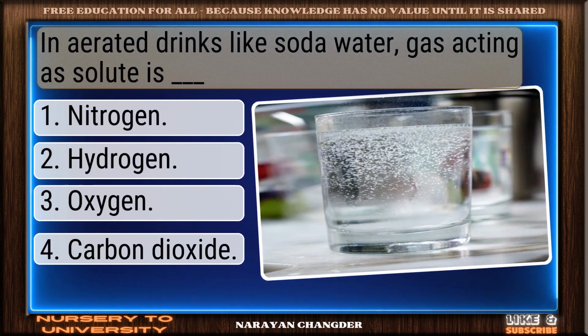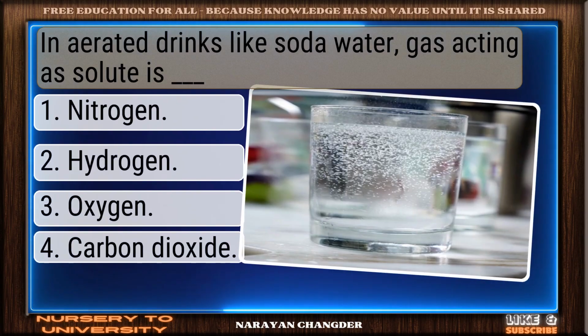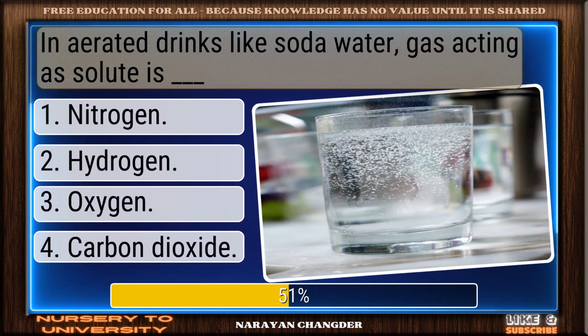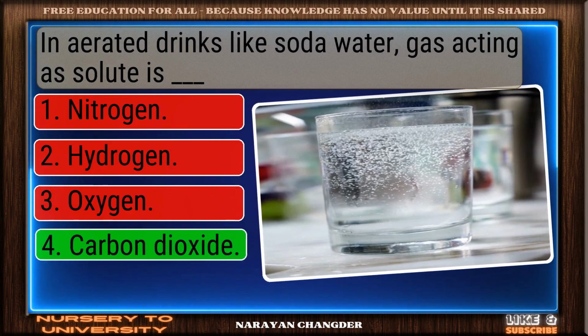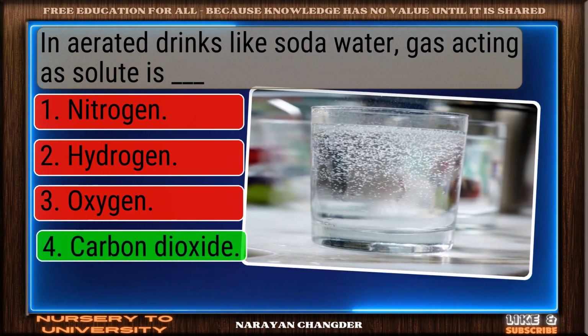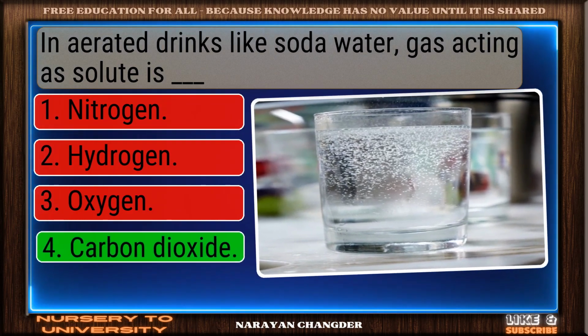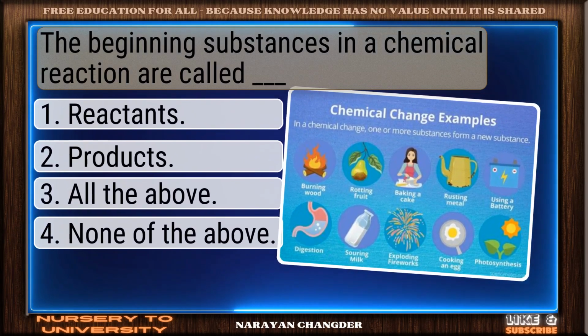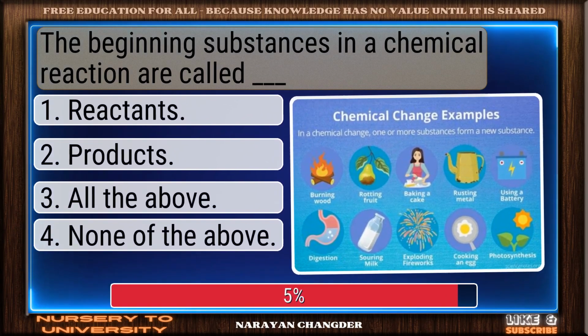Question number 124. In aerated drinks like soda water, the gas acting as solute is dash. Excellent choice. Carbon dioxide is the right answer. Question number 125. The beginning substances in a chemical reaction are called dash.